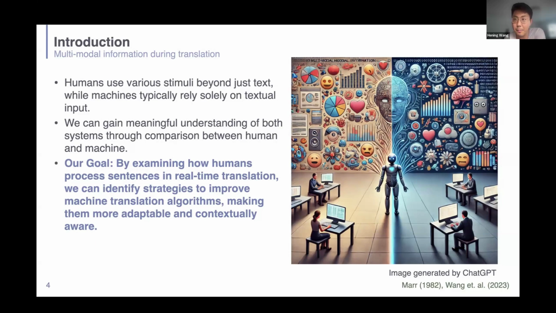And by previous experience that we have in cognitive science, we can get meaningful understanding of both systems in doing so. So the goal of this present work is then, by examining how humans process sentences in real-time translation, we want to identify strategies to improve the state-of-the-art machine translation algorithms, making them more adaptable and contextually aware.